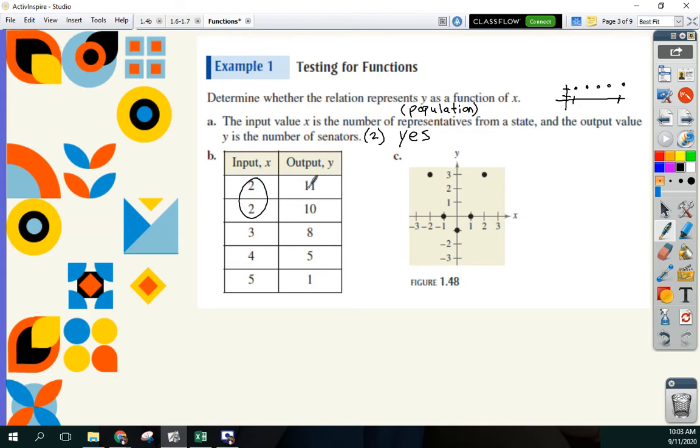I have a point at (2, 11), and I also have a point at (2, 10), which means that this is not going to be a function because I have more than one y value for one x value. And on our last one, it's pretty easy to see that this would pass my vertical line test. I don't have any points that are on top of each other as far as on the same x value.